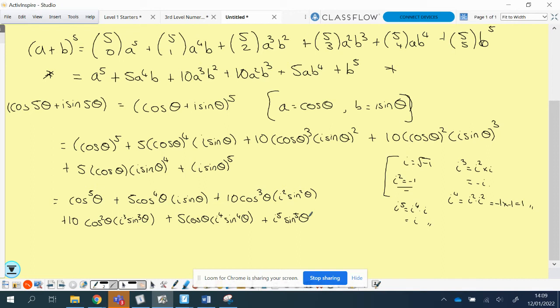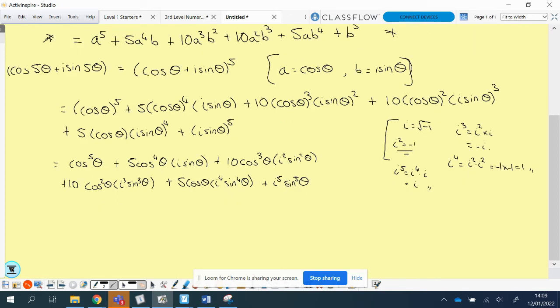Okay, so now I'm going to use the facts about my i squareds and my i cubes on the right hand side to help me simplify this even more. So cos to the 5 theta just stays there. i sine theta, that just stays there, so that's going to be plus 5i cos to the power 4 theta sine theta.